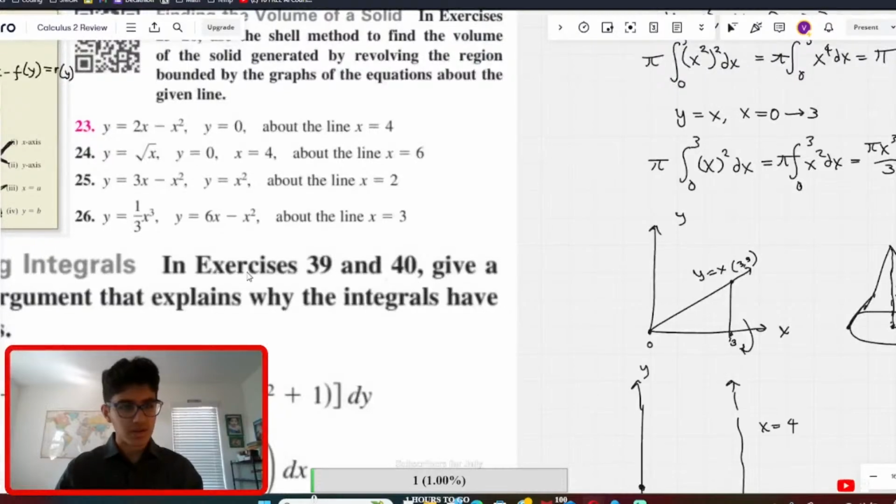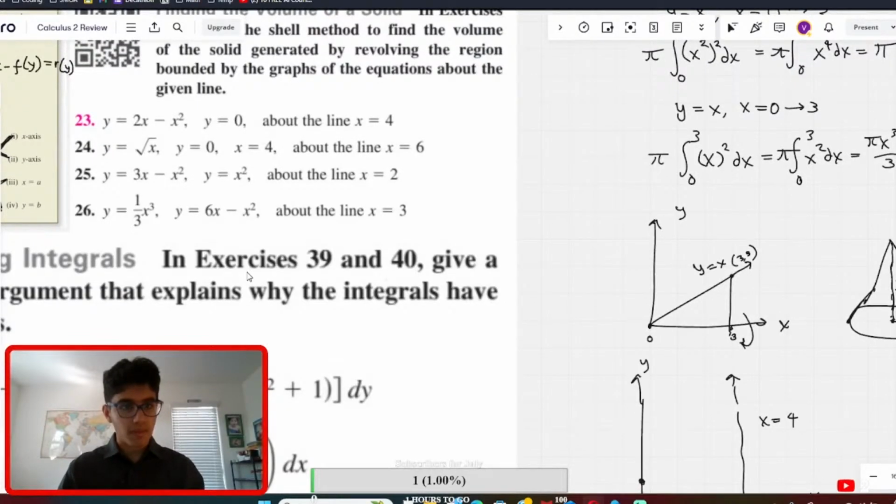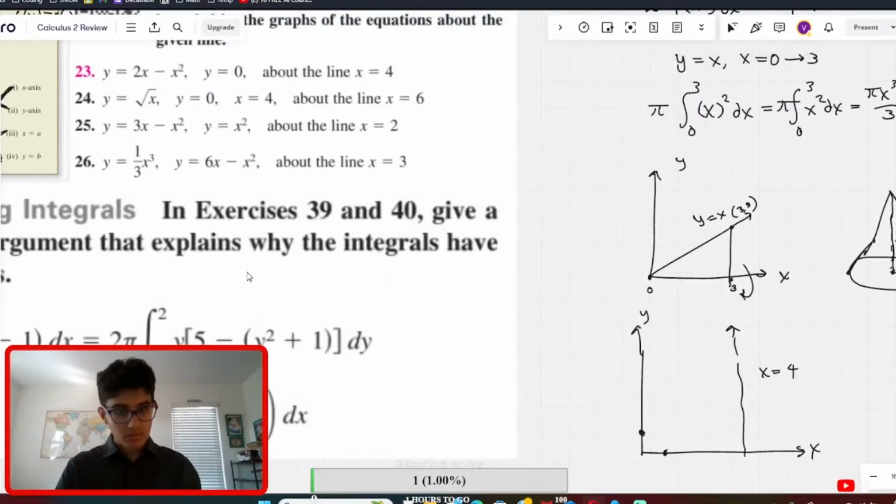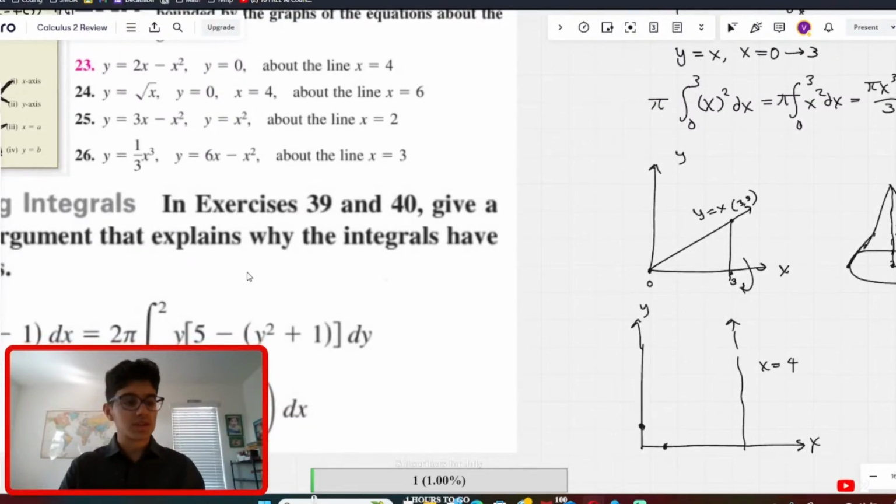Wait, this seems wrong. 2x minus x squared. Yeah, that's basically 1 minus (x minus 1) squared, something like that.